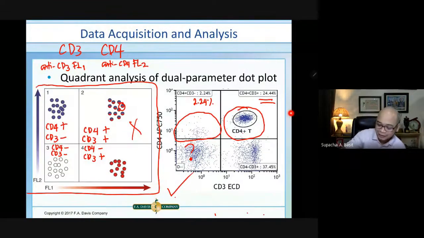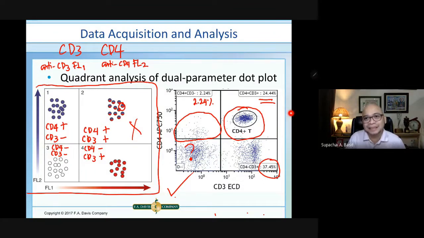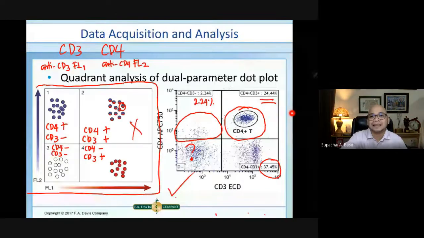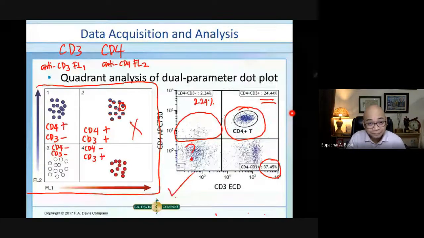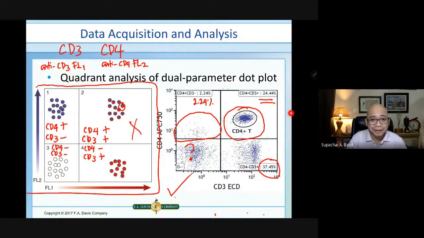Now this is the population of CD3. So the population of CD3 is 37.45%. Okay, so this is how we analyze the cells in quadrant analysis of dual parameter dot plots.